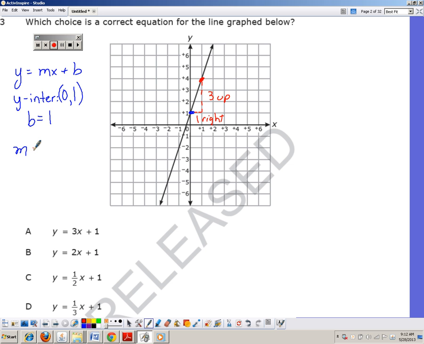So our slope is 3 up, 1 to the right. When we simplify that, that just becomes 3. So our equation is y equals 3x plus 1. And that answer choice is A.